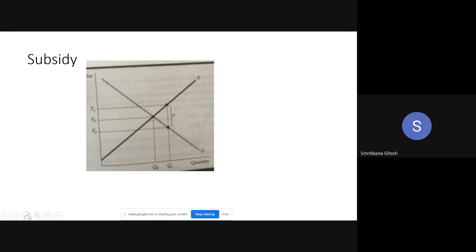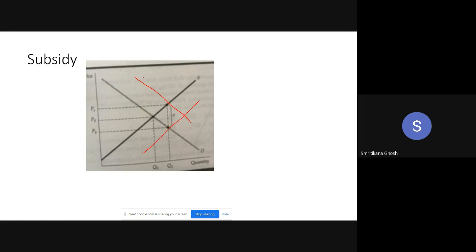So here subsidy is given to the consumer, basically, or either to the producer, the same thing. If the subsidy is given to the consumer, then the demand curve will shift like this, like an increase in demand. Similarly, if subsidy is given to the producer, then the supply will increase, so it will be like this.